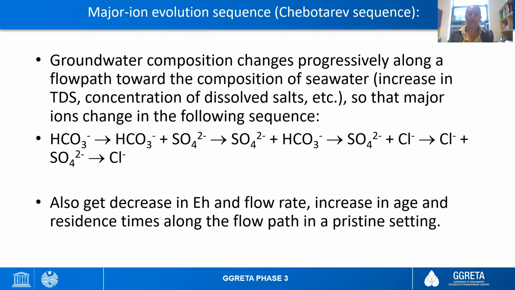When you get to the middle section of the basin, you might have more moving towards sulfate rich or bicarbonate sulfate, and then dominated by sulfate bicarbonate. And as you move closer to the discharge zone, you would find sulfate and chloride being dominant, with our coastal areas or areas that are further along the flow path being more chloride rich.